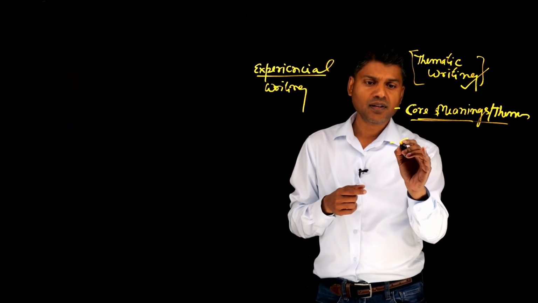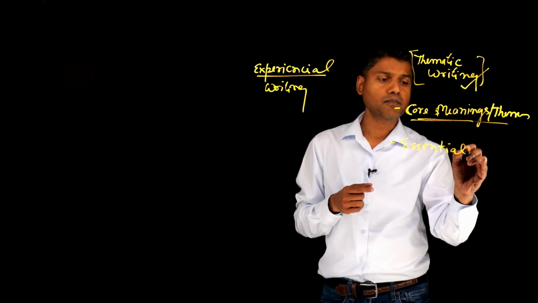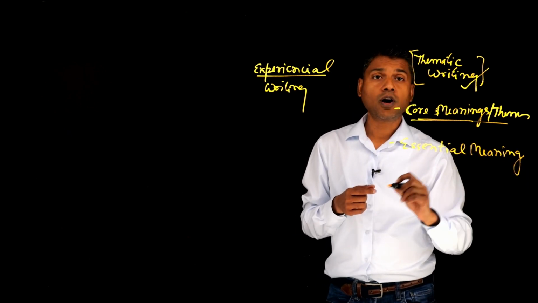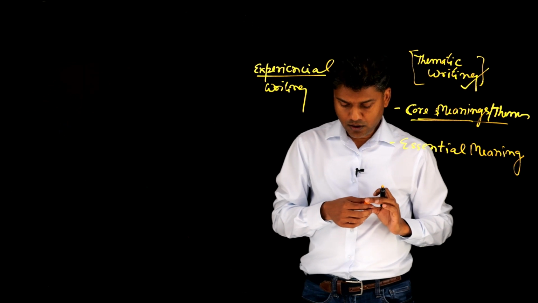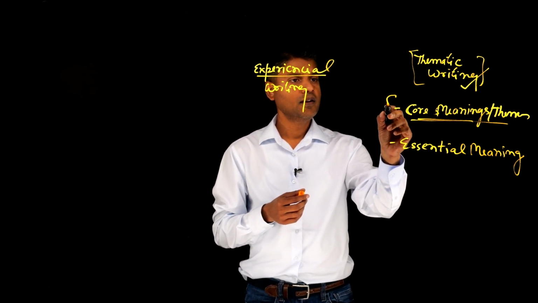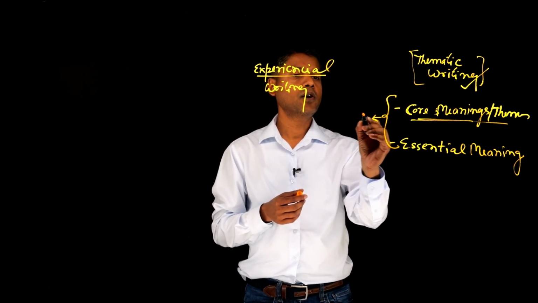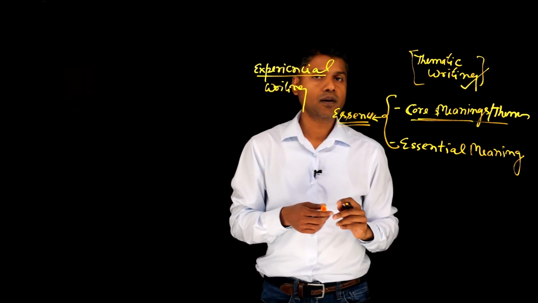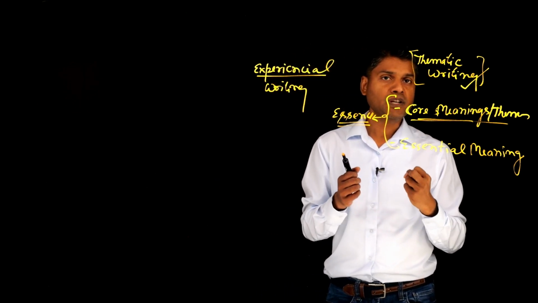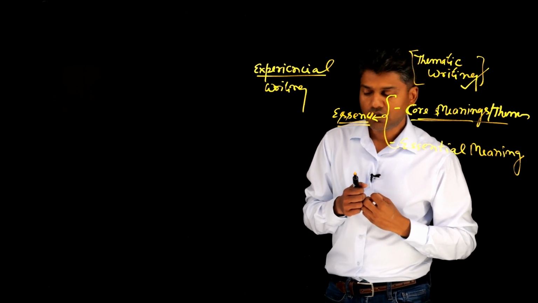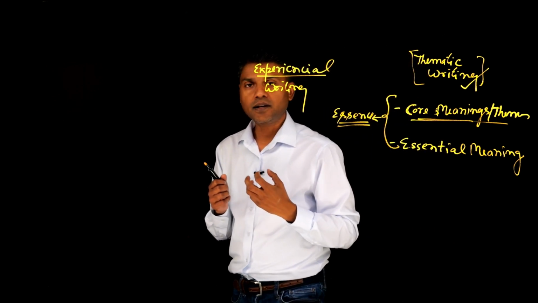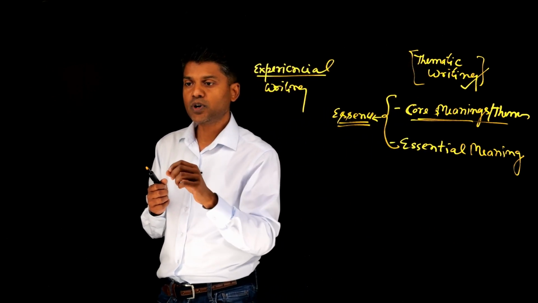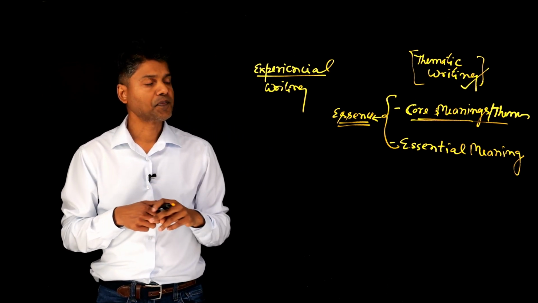What are some essential meanings which are common across all participants? So in a way, in thematic writing, you are focusing on the essence of the phenomenon, the essence of the meaning, the core structure of the meanings that participants are reporting in their data.